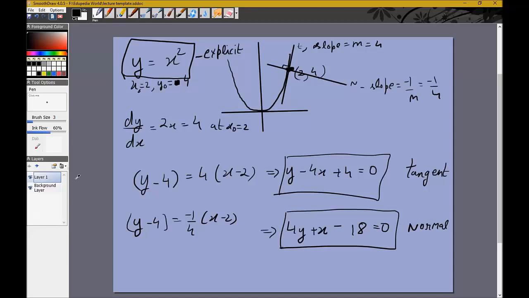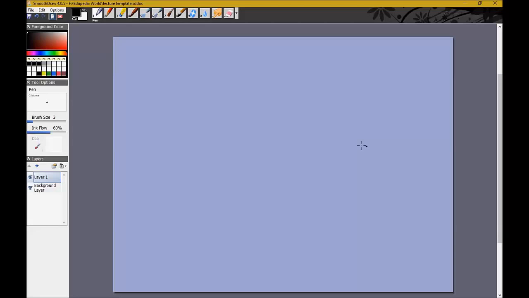So let's look at an example like that. Let's say we are given the relation x squared by 4 plus y squared by 9 is equal to 2. We'll see this sort of curve when we get to the video on conic sections or coordinate geometry, but this is basically the curve of an ellipse.